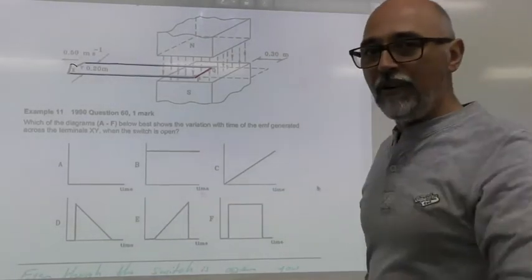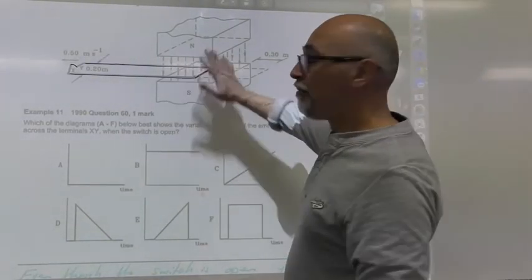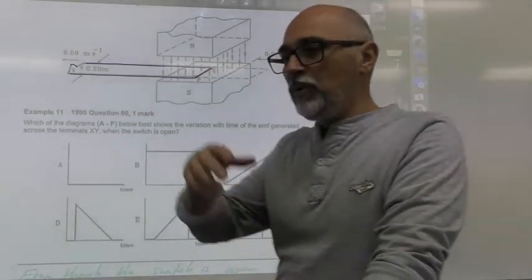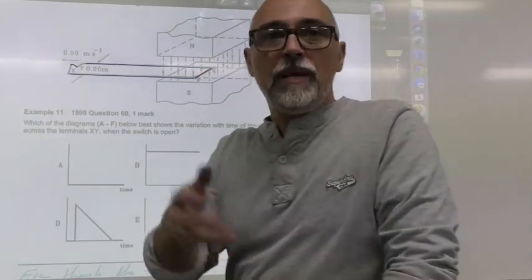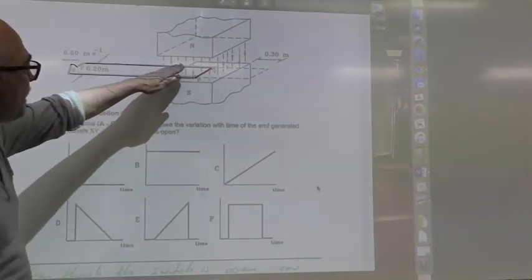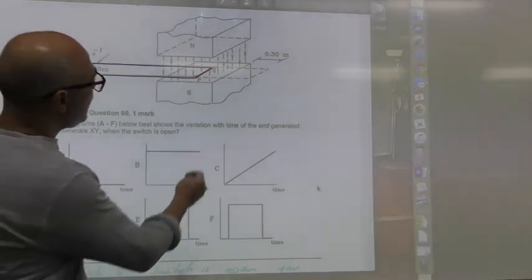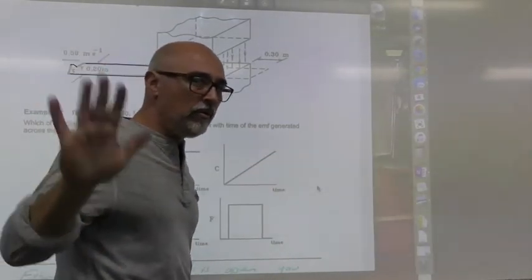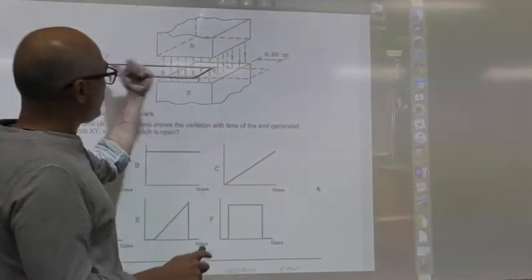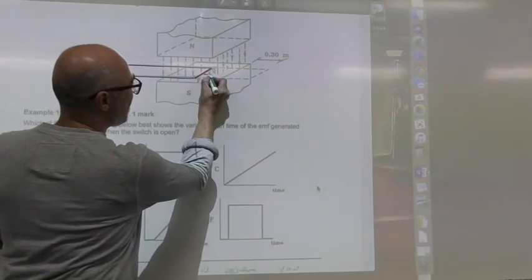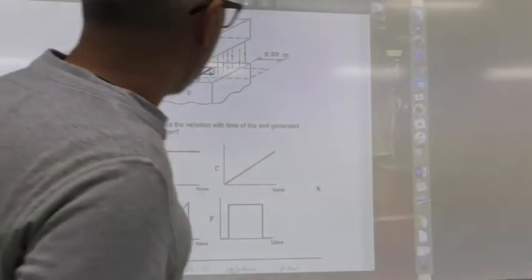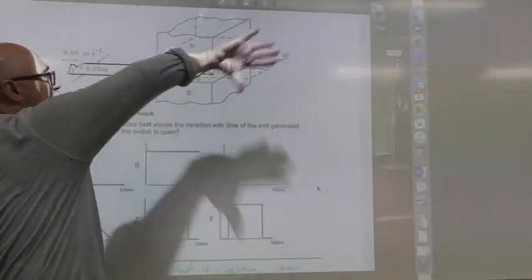This is a job for the right-hand rule. The right-hand rule says that I will induce a current that will in turn induce a magnetic field that will attempt to oppose the change, okay? So as this loop moves out, if I'm pulling it this way, it's going to try and resist that pull. So it's going to experience a force out.